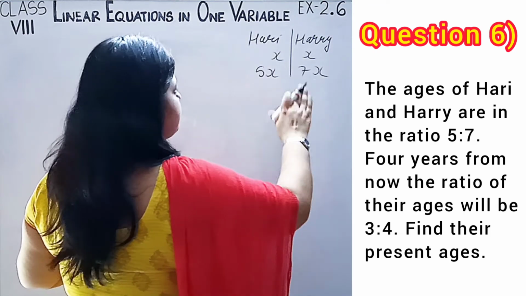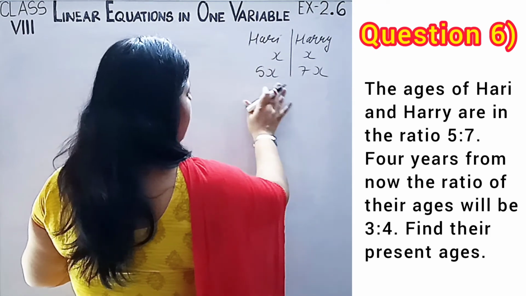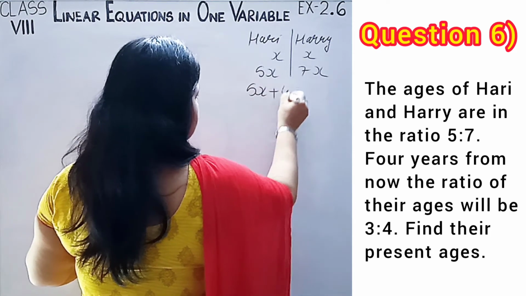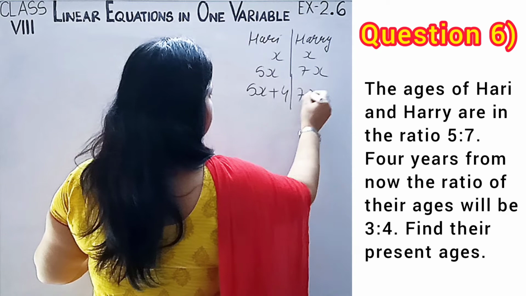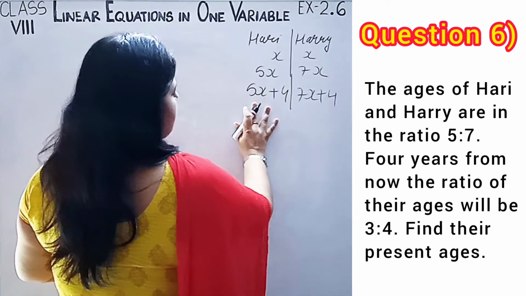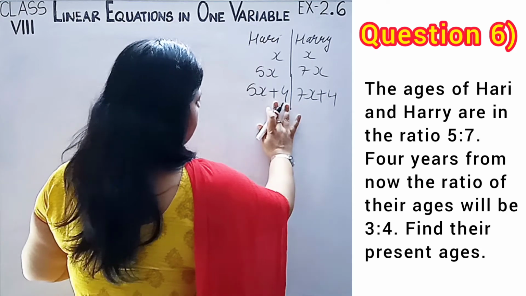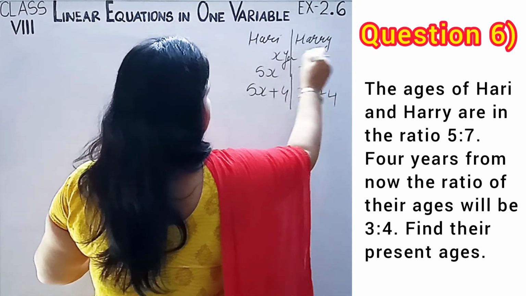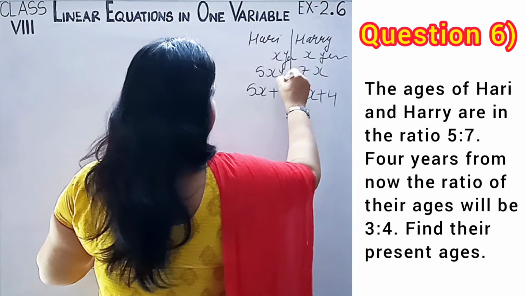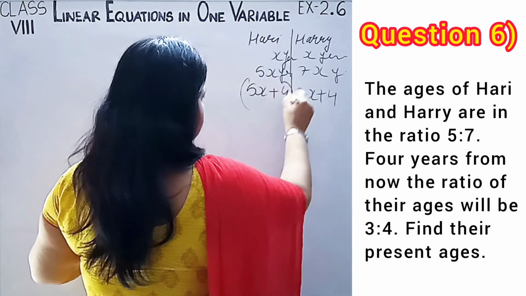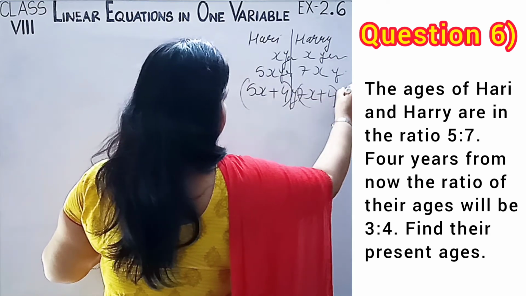It means after 4 years, so we have to add 4 years to Hari's age and then to Harry's age. So 5x plus 4 and 7x plus 4.